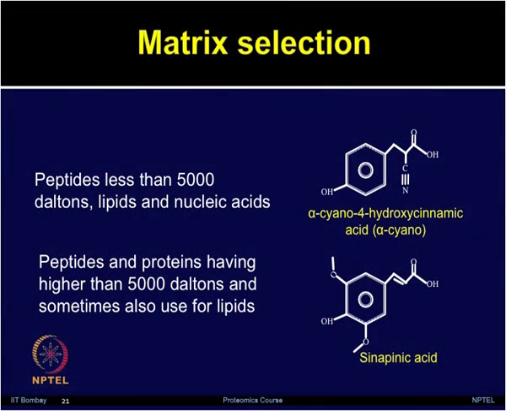So, one is the alpha-cyano-4-hydroxycinnamic acid. When you have peptides less than 5000 Daltons or lipids and nucleic acids, one can use this matrix. One can also use sinapinic acid if peptides and proteins have more than 5000 Daltons, and it can also sometimes be used for lipids.